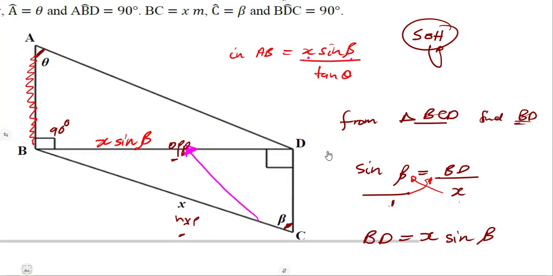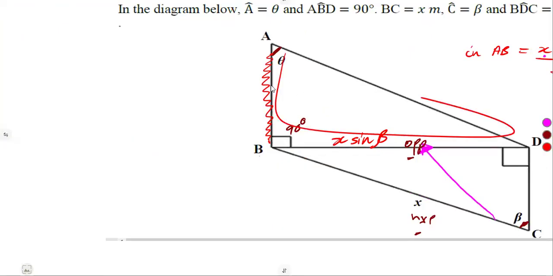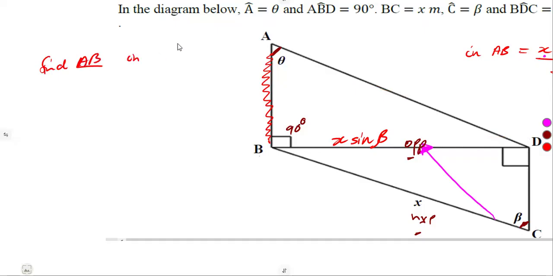So that is what we're going to have. Then from there, we can find our AB in triangle ABD. So using triangle ABD, AB here is the adjacent, as you can see. And according to theta, remember we talk about theta. Theta is the one that is controlling now.